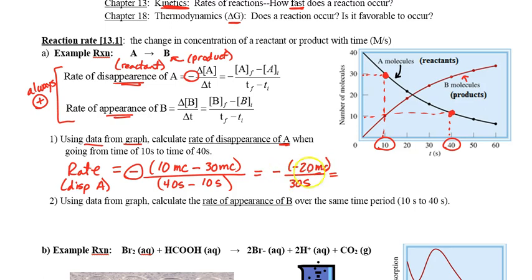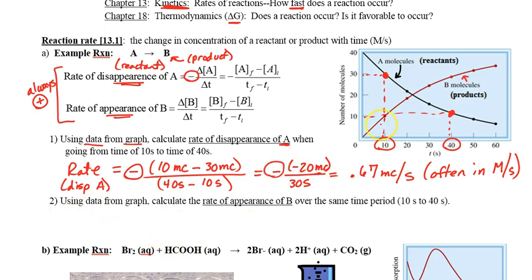And so with our negative, now it's going to come out positive, 0.67. In this case, we're measuring it in molecules per second. Normally, you're going to measure in molarity per second, right? So let's just write that in. Often in molarity per second. Okay, so anyway, the rate of disappearance should still come out positive, even though the concentrations are going down. You're going to put in this negative to make it come out positive.